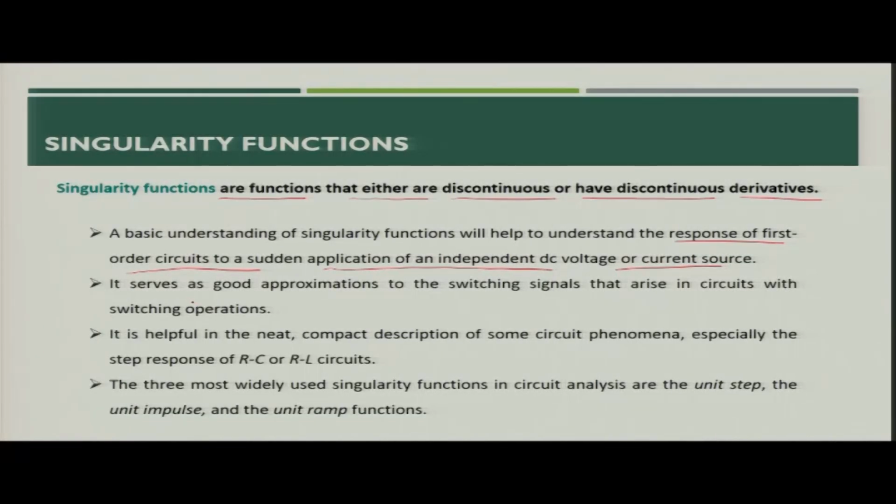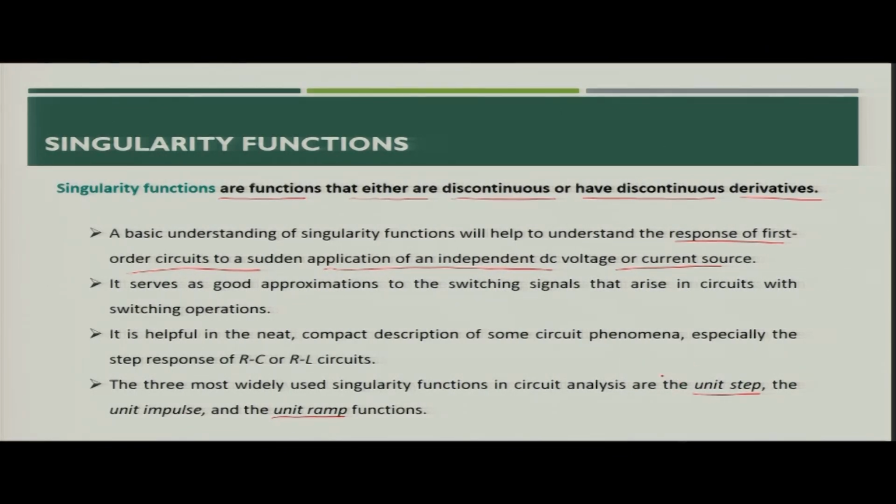That is also another practical event which happens in the circuit, and we will see how we can equivalently represent that event as a mathematical function, so that we can use them in our circuit analysis. The singularity functions which we use in circuit theory are nothing but functions like unit impulse, unit step and unit ramp.